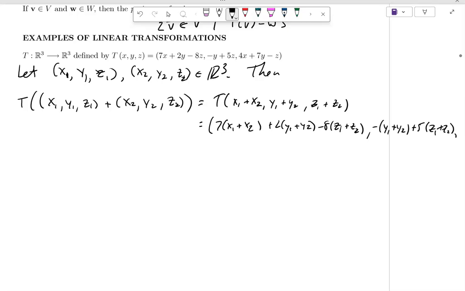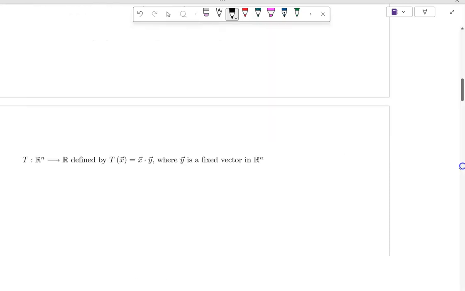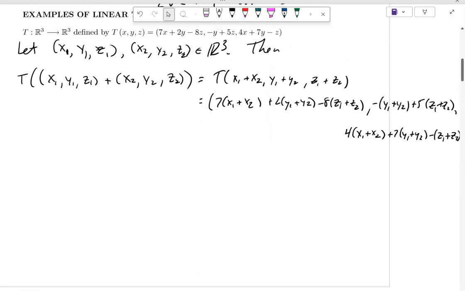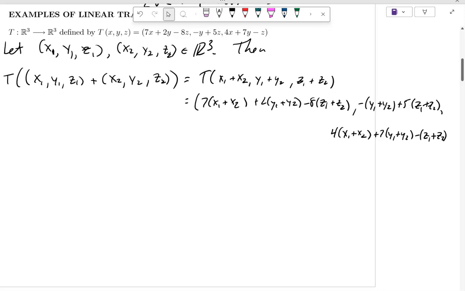I'll write it below since I've run out of room. 4 times x1 plus x2, 7 times y1 plus y2 minus z1 plus z2. This notation just says plug this number in for x, that number in for y, that number in for z, right? We've got lots of places to plug it in.